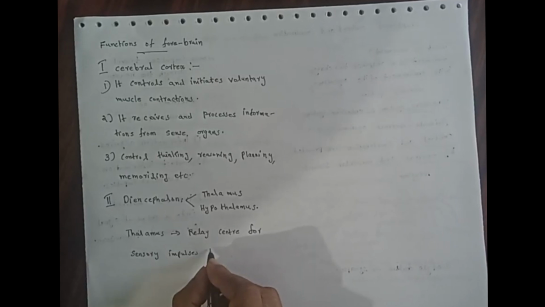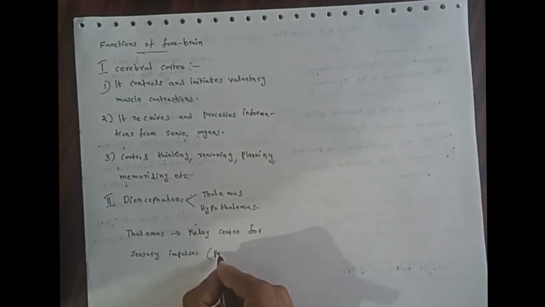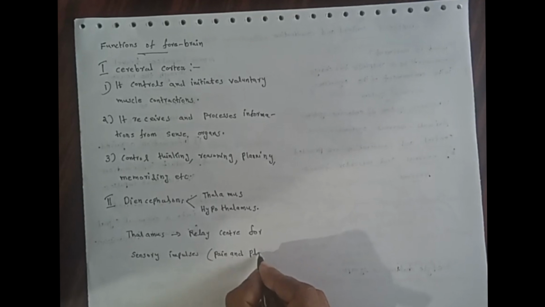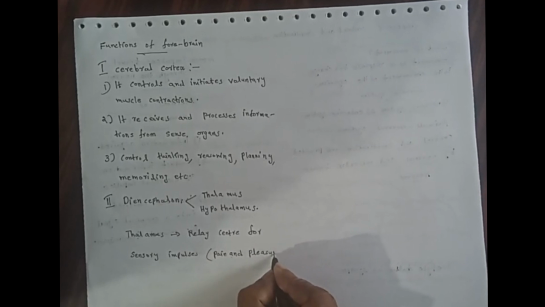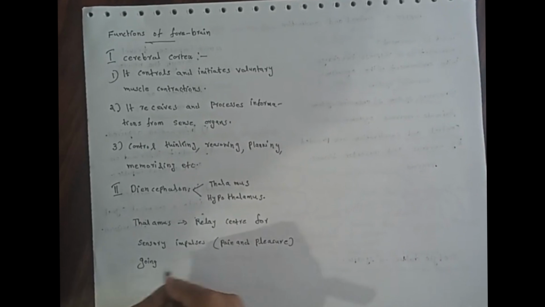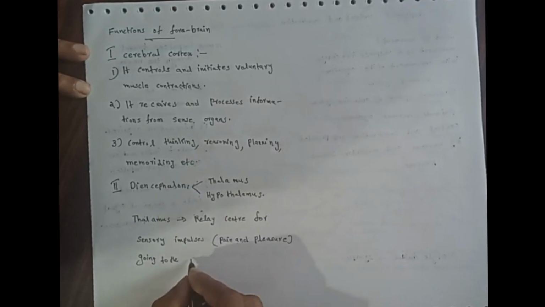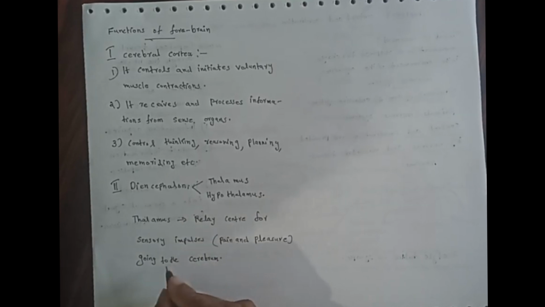Examples of sensory impulses are pain and pleasure, going to the cerebrum. That is the function of thalamus.